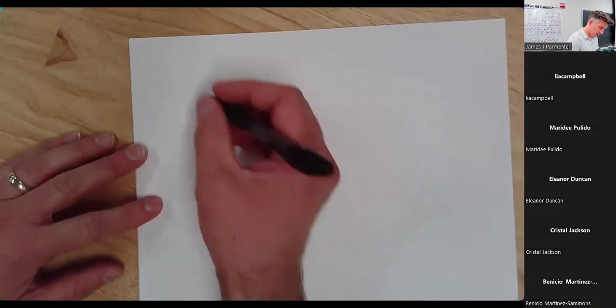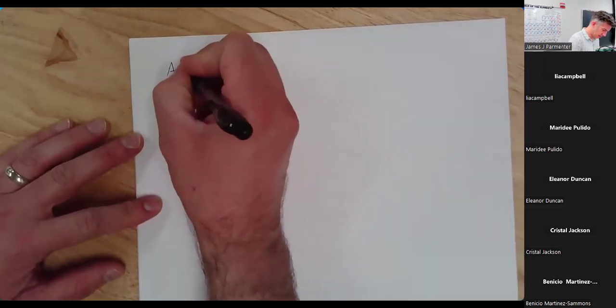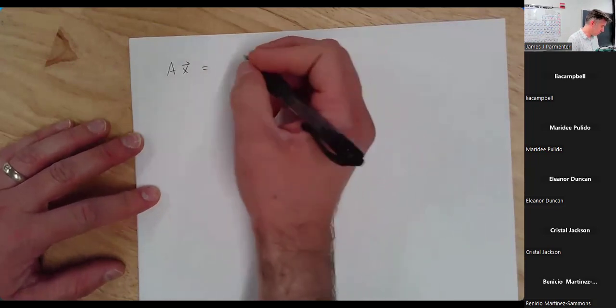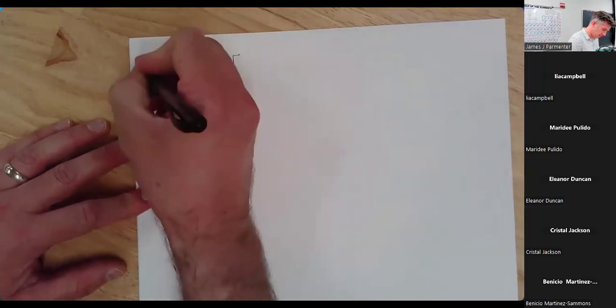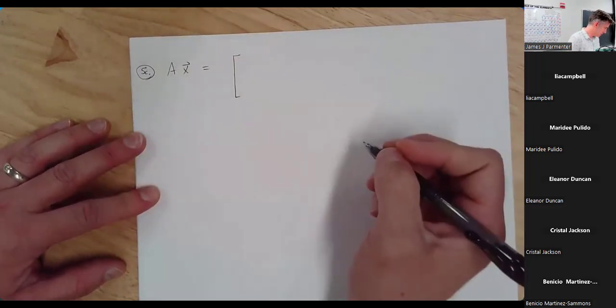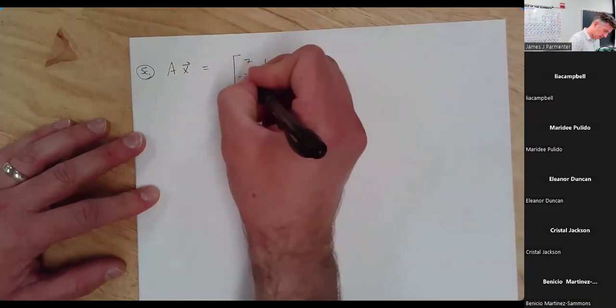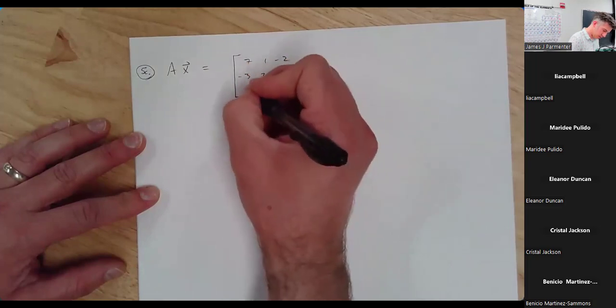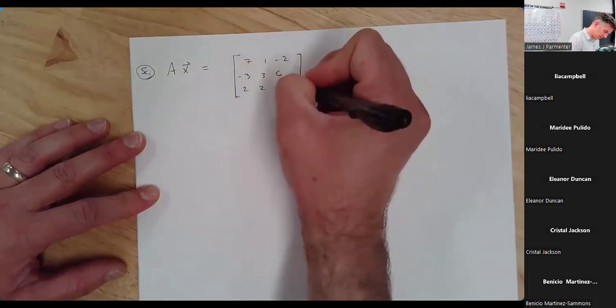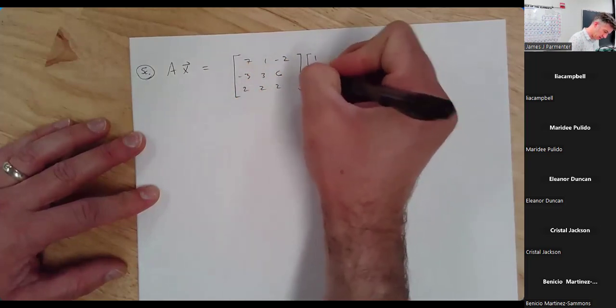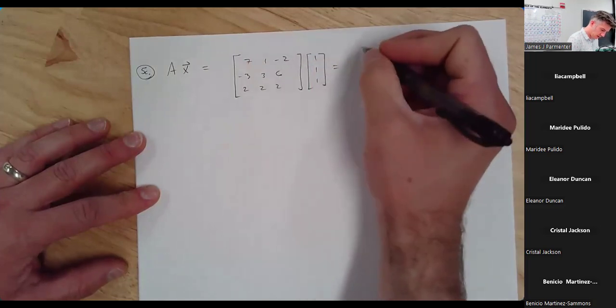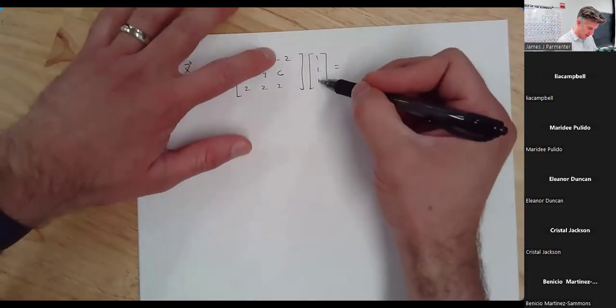Sure. So actually, to do 5D, we should do 5C though, because 5C helps us see what's happening. So find A times X, where X is the vector 1, 1, 1. So A is the matrix 7, 1, -2, -3, 3, 6, 2, 2, 2. X is the vector 1, 1, 1. We multiply this out. So again, it's 7 plus 1 plus -2.